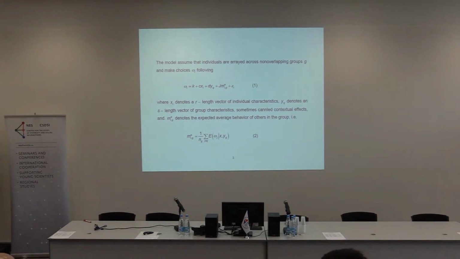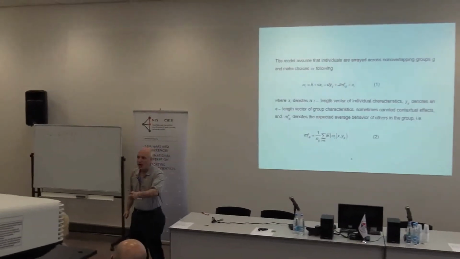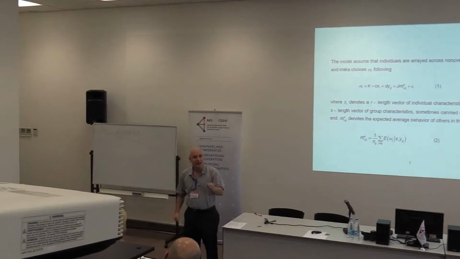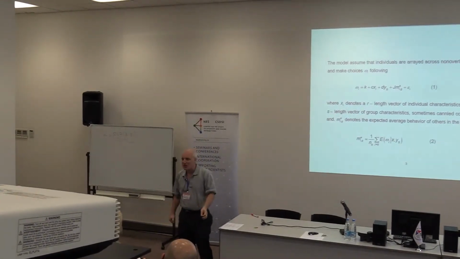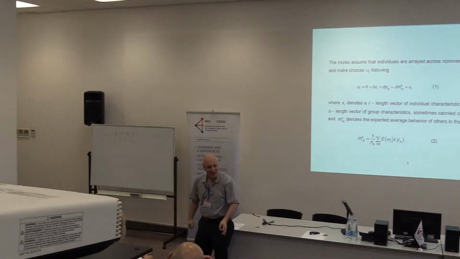Can I construct this? If I give you data on omega bar, x's and y's, can you tell me what the expected value is of omega bar given x and y? Of course you can. That's a regression. You would regress omega bar on the x's and the y's.